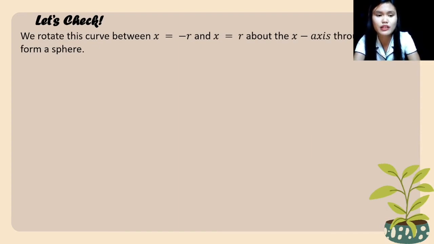So we will rotate this curve between x equal to negative r and x equal to r about the x-axis through 360 degrees to form a sphere. So if we graph from negative 1 to 1, we will have formed a curve, or a half sphere. It will be easy if we graph it, then we'll have its figure.